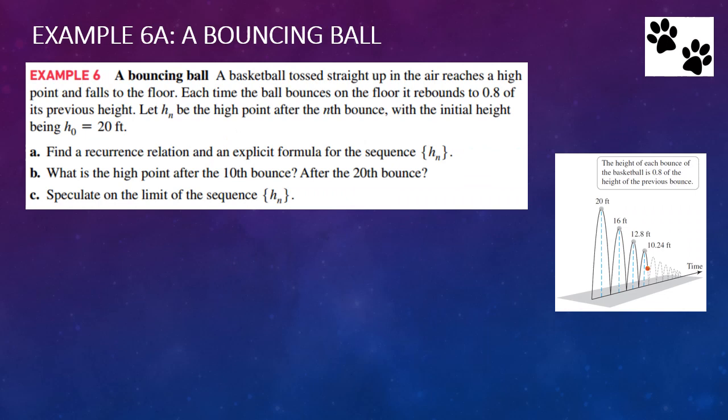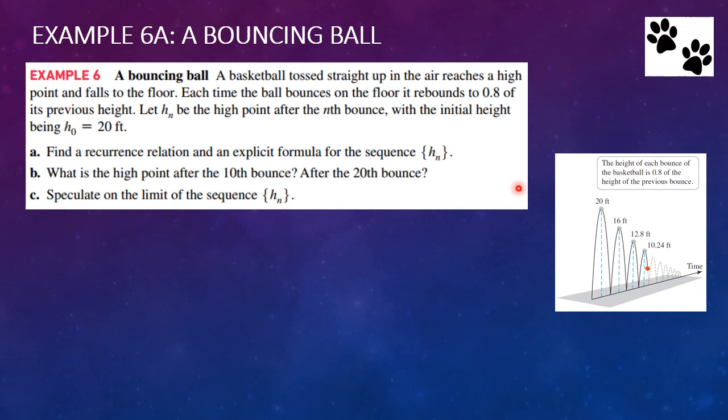Let's look at our next example, 6, a bouncing ball. A basketball tossed straight up in the air reaches a high point and falls to the floor. Each time the ball bounces on the floor, it rebounds to 0.8 of its previous height. Let h sub n be the high point after the nth bounce, with the initial height being h sub 0 equals 20 feet.